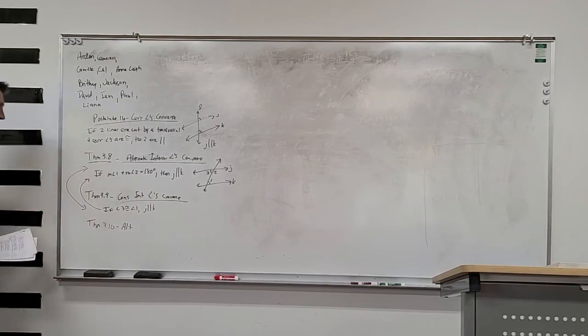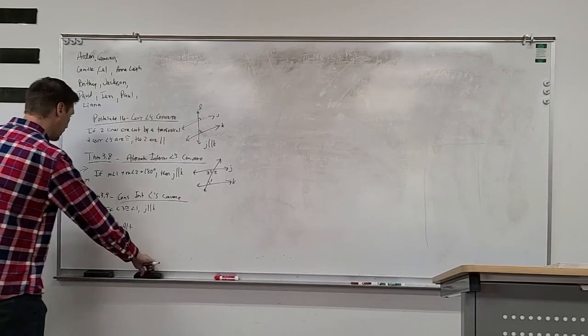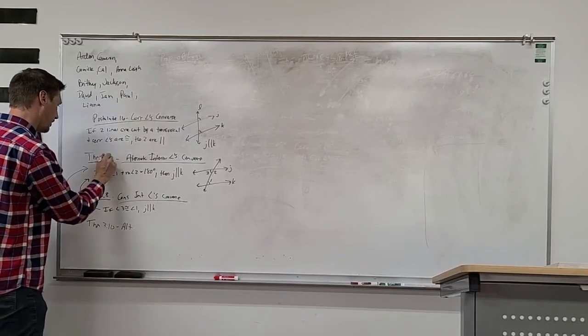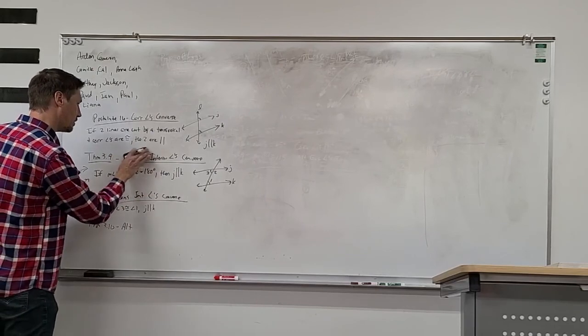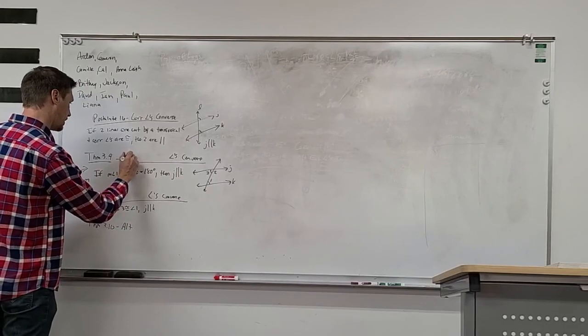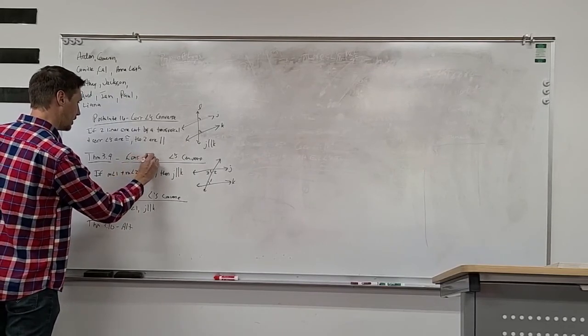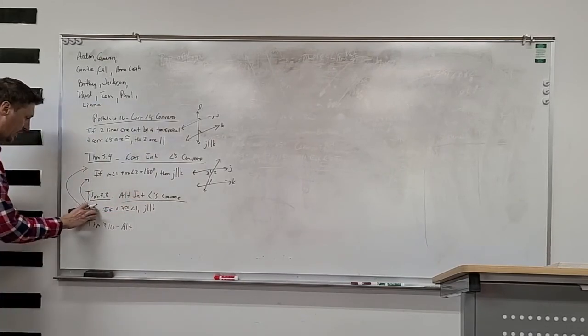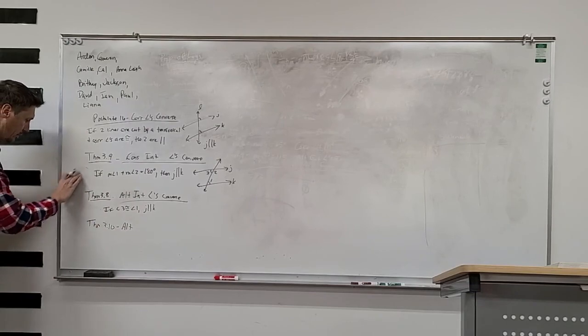This goes here, right? So this is about consecutive interior angles. 1 and 2 have to add up to 180 degrees. So let's do what I did before. Then we'll make this 3.9, and this is 3.8. All right, and this is consecutive interior angles, and this is alternate interior. So that's probably the easiest way for me to fix that. And you just make sure that your notes are right. Sorry about that.